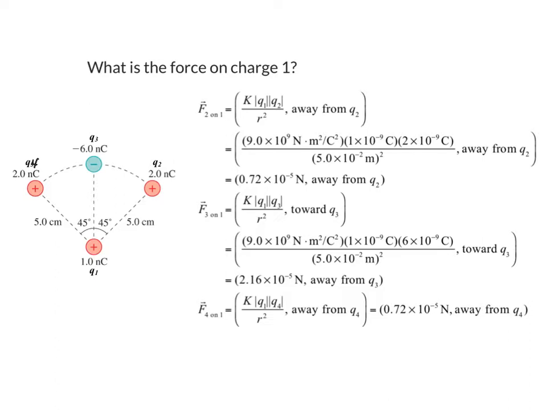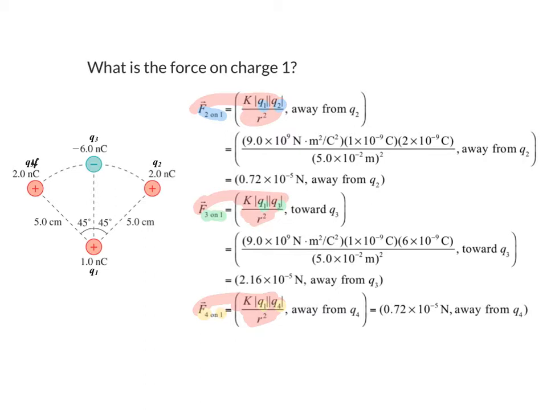So standard issue, the force is always Coulomb force here for these things. No surprise there. But what's going to be different is 2 on 1 involves that. 3 on 1 involves 3 and 1. And obviously 4 on 1 is going to involve charge 4 and charge 1.